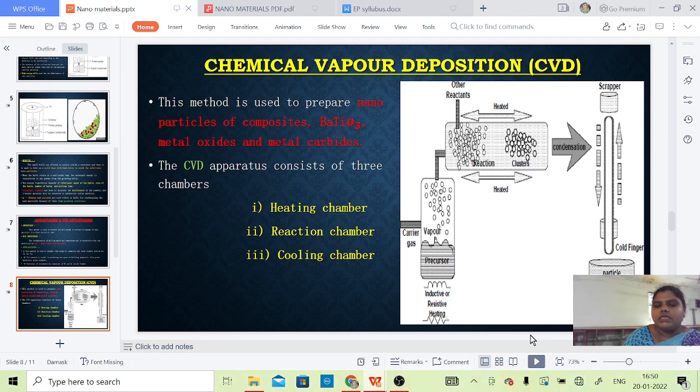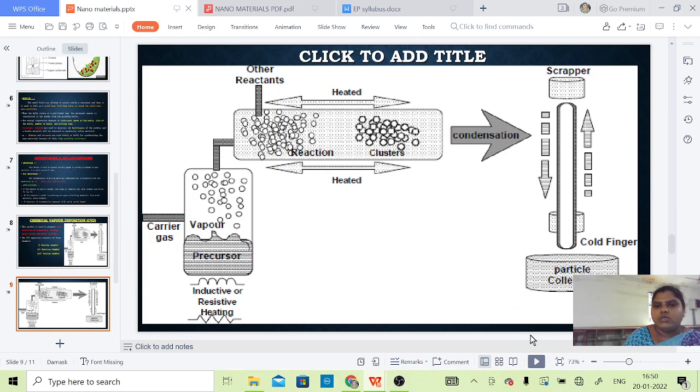Let us see what's happening inside those: the vapor precursor, inductive or resistive heating, the reaction, how the clusters will form, and after condensation, how the particles will be collected.